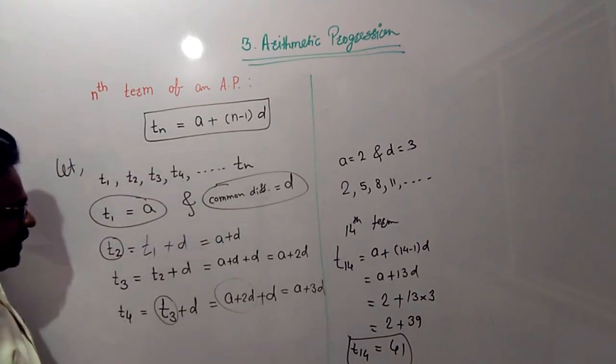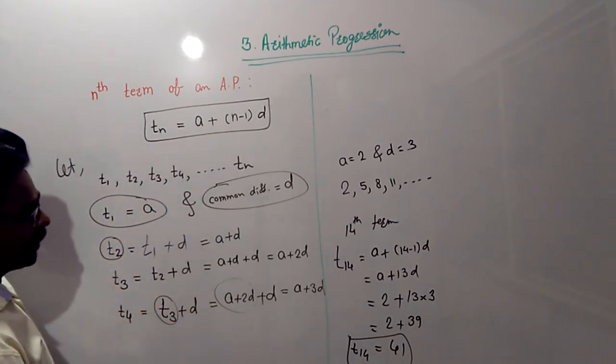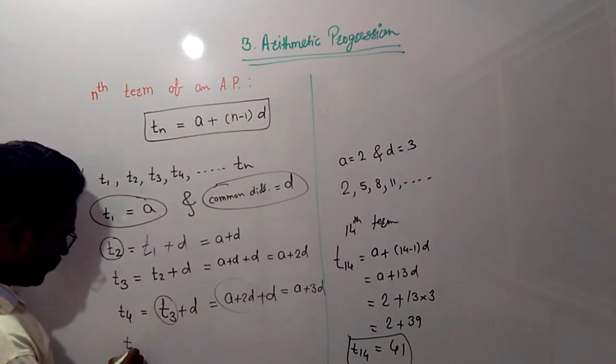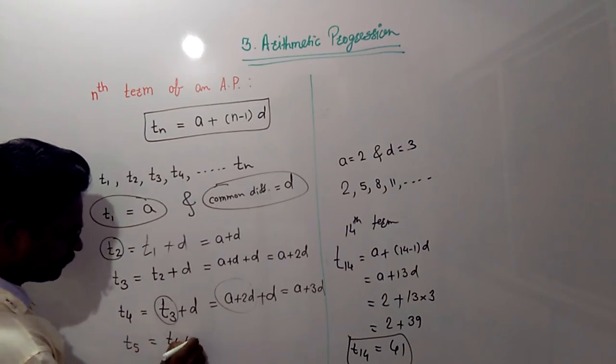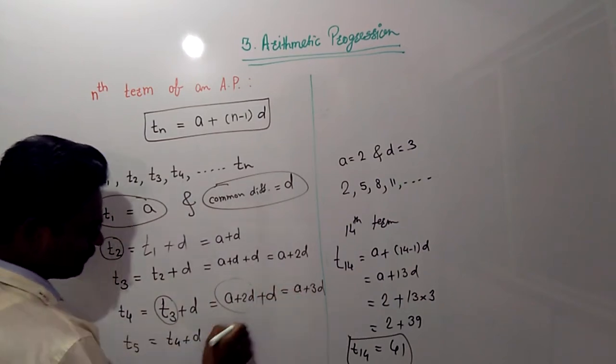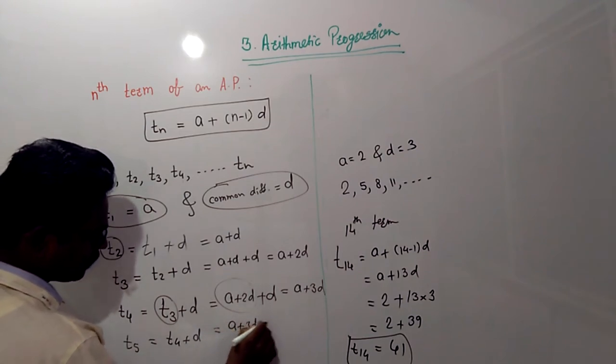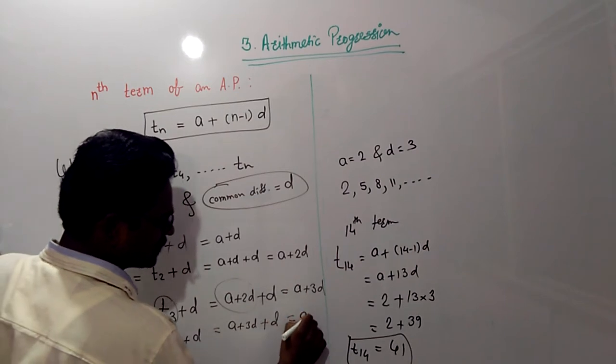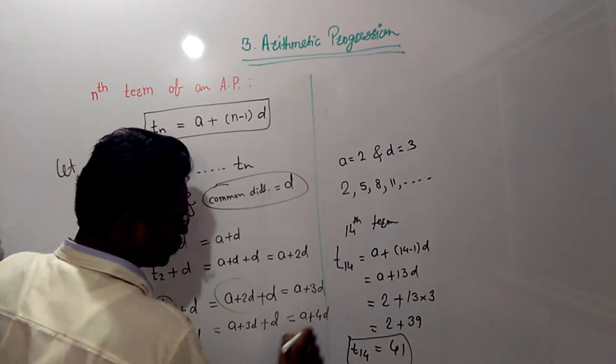No problem. So this is T4. Again one more term we will find out here. T5 is equal to T4 plus d, and T4 is a plus 3d, plus again d. So a plus 3d plus d is a plus 4d. No problem.